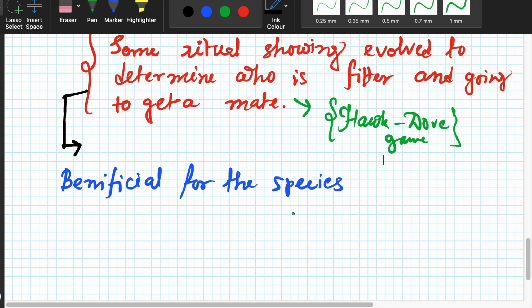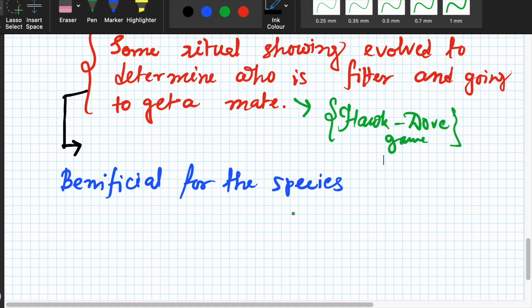If both become very aggressive, then they might inflict serious injury and some of the individuals will die. So that is why it is not beneficial for the species, and that is why maybe it is there. And Maynard asks the question that since evolution works at the individual level, you cannot say that it is beneficial for the species.